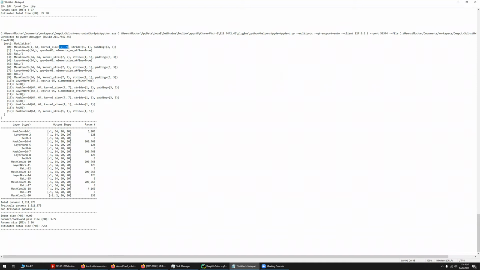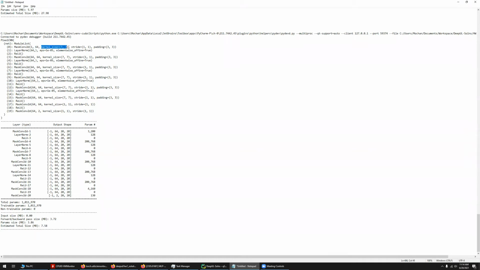So the kernel size is the same size as the mask, and it is imposed on the picture. We multiply everything, condense it into a number, and it's output as another number here, and there's 64 of them. So the size goes from 1 by 20 by 20 into 64 by 20 by 20.